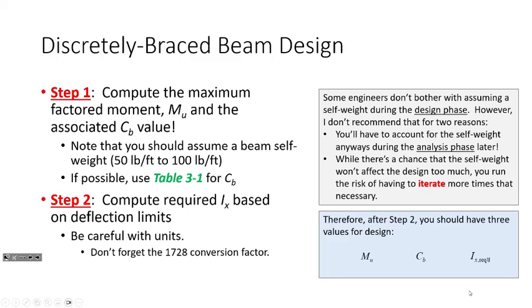Remember, we have a self-weight that we need to assume. We typically assume anywhere between 50 and 100 pounds per foot. The only thing that changes in step 1 is that we also need to get a CB value. We need to compute CB. Whenever possible, we're going to try to just look up CB in table 3-1. When possible, we'd like to avoid computing it.